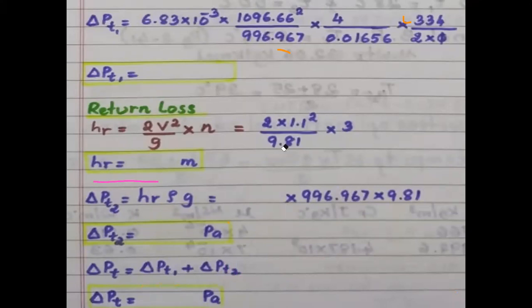It is 7.05 to 1969.96.6 or DI 0.0165, and the number of tubes per pass is 334.2 into 5.